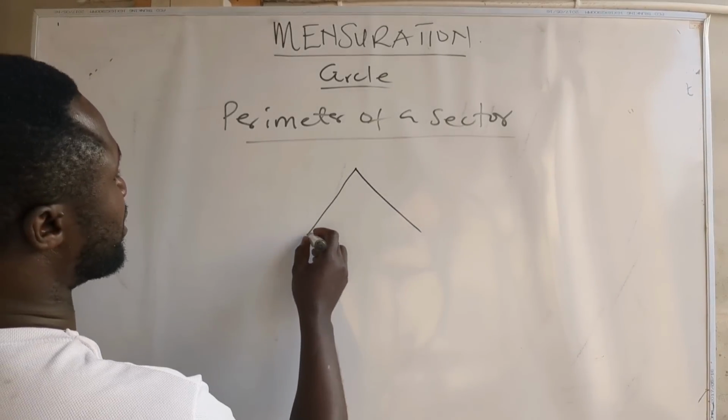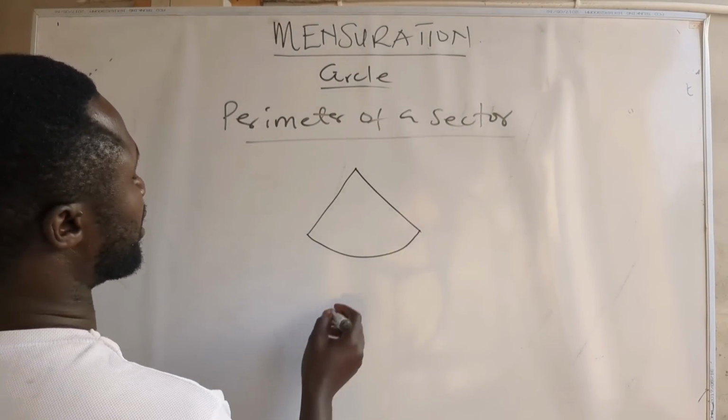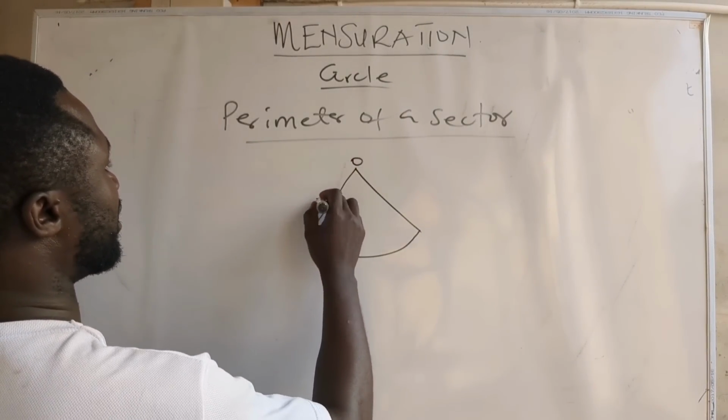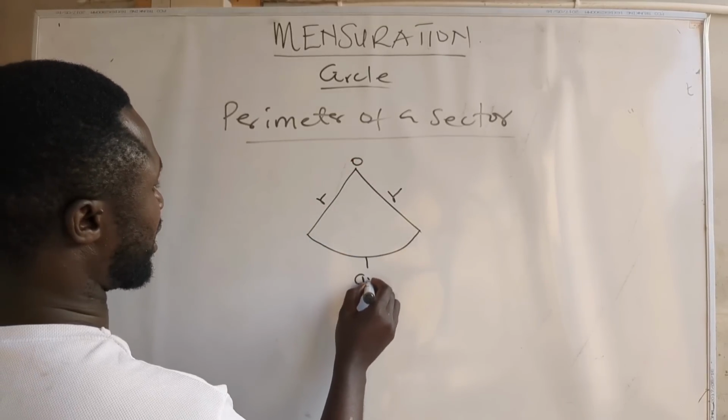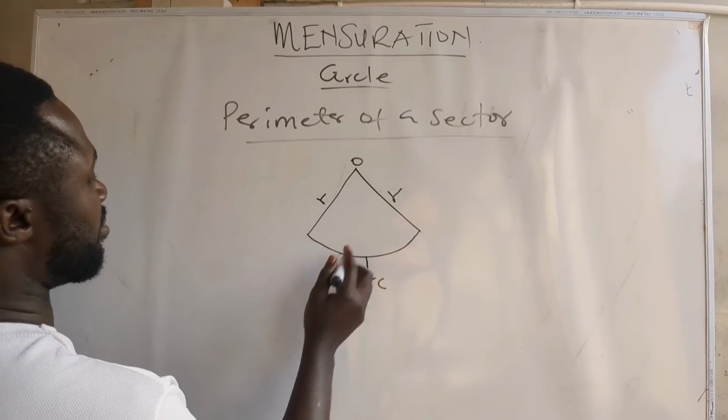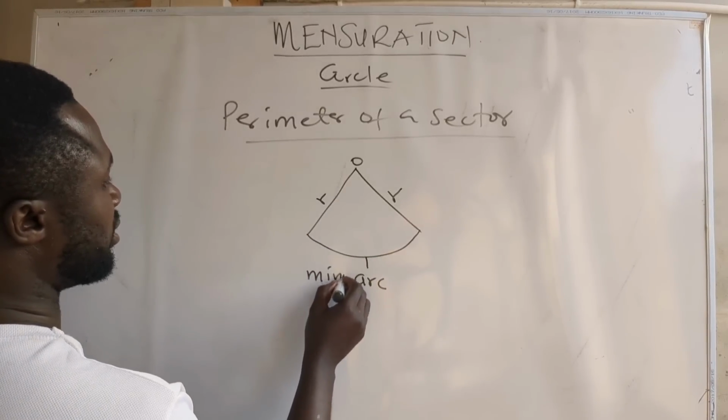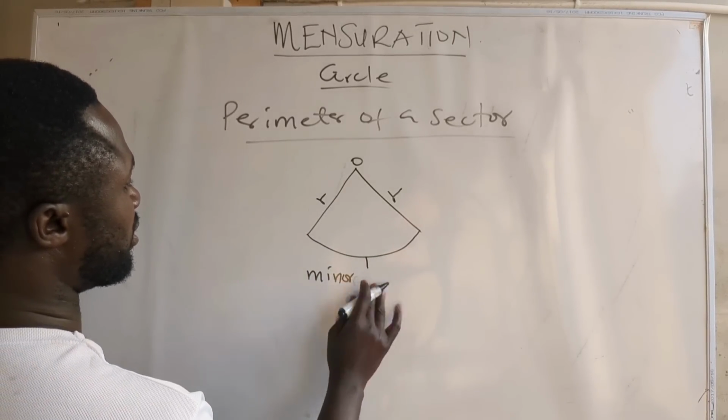Let's look at what the sector consists of. This is a sector. Assuming this is the center, there are 2 radii, and this is an arc. This is a minor sector, so I can say minor arc.